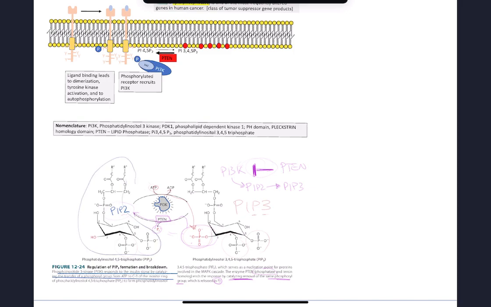Now, by adding in an ATP, we are going to take one of those phosphates, and we're going to give it to the PIP2 to make our PIP3. Right? So now we have 3 phosphates, PIP3, as opposed to PIP2, which only had 2. So we use the ATP, we kick off an ADP. We're using the phosphate from the ATP. Excellent, great, we have our PIP3. Now, what does PTEN do?